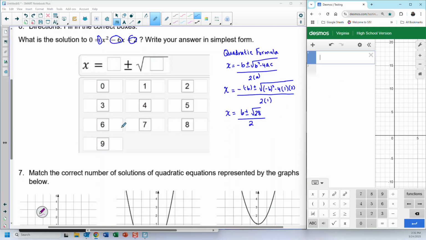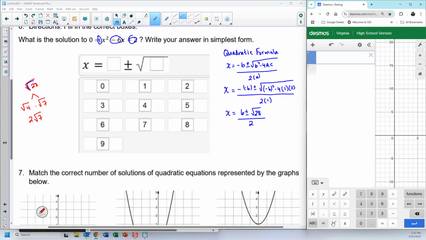So the square root of 28, let me do it over here, can be written as square root of 4 times square root of 7, because 4 times 7 is 28. So square root of 4 is 2, so that's 2 square root of 7.